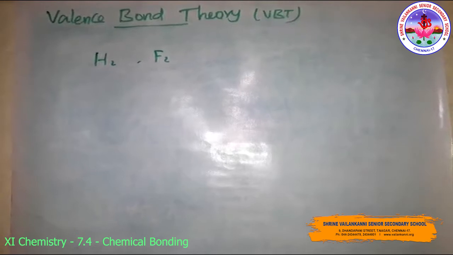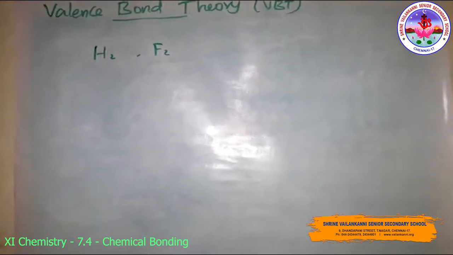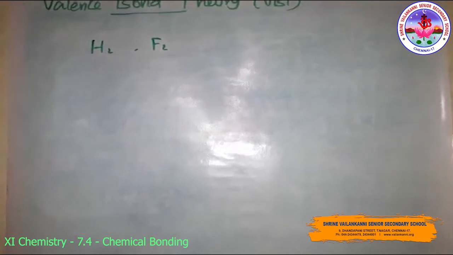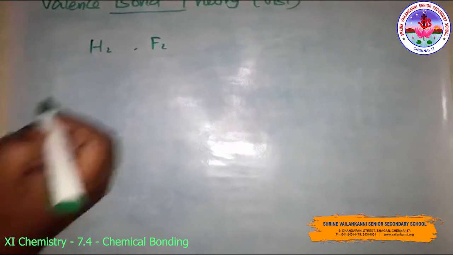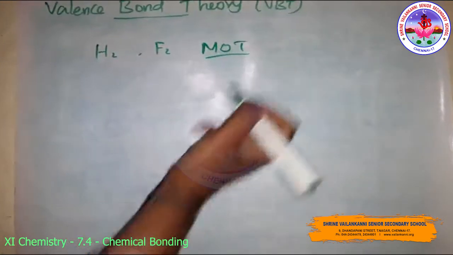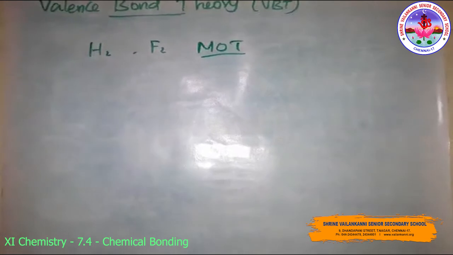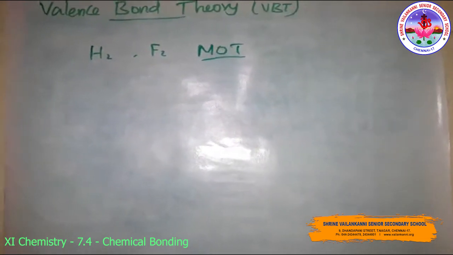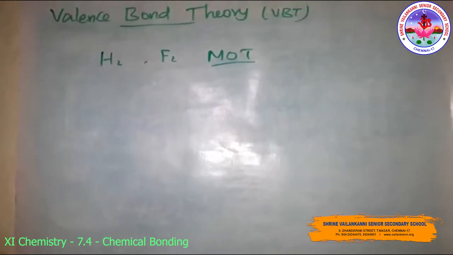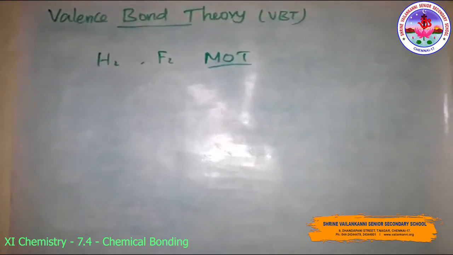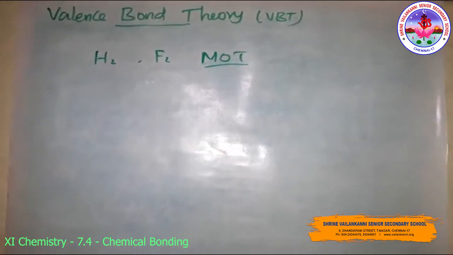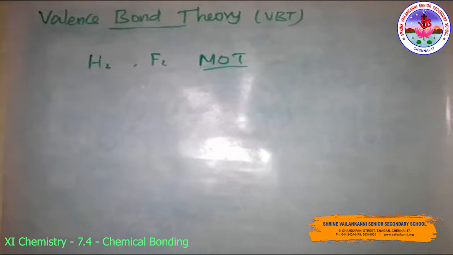To overcome these limitations, two important theories based on quantum mechanical studies were developed, that are valence bond theory, VBT, and molecular orbital theory, MOT. The valence bond theory was introduced by Heitler and London, the chemists, and further developed by Pauling and other scientists.